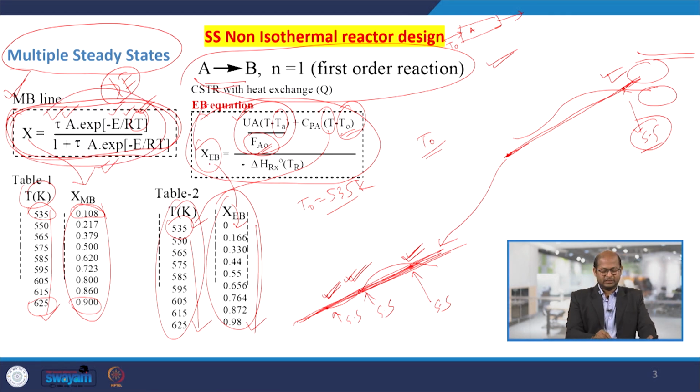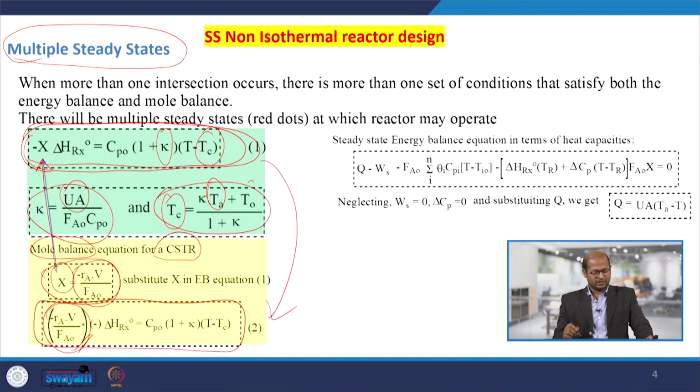So, here the main equations that are very useful are the material balance equations and the energy balance equations, very important. Once we express them in terms of kappa and Tc, the energy balance equations would become like this.